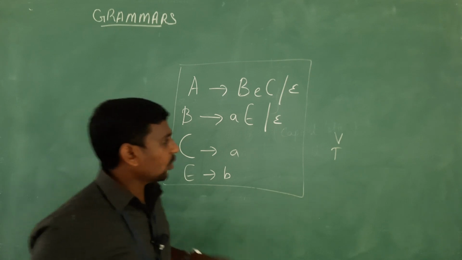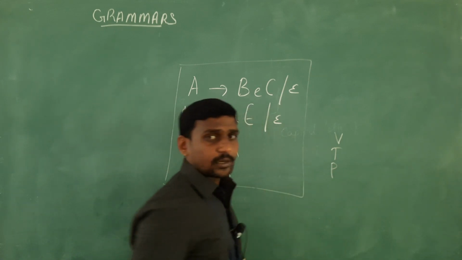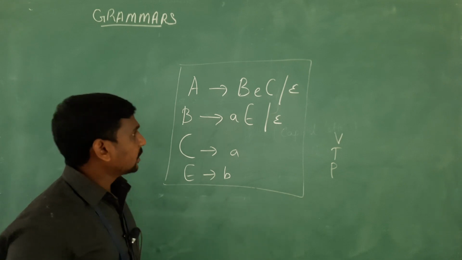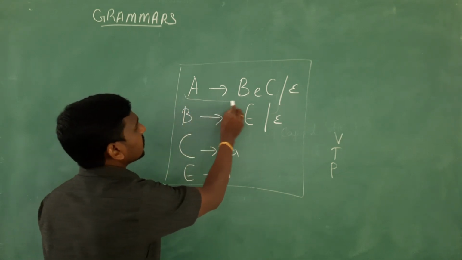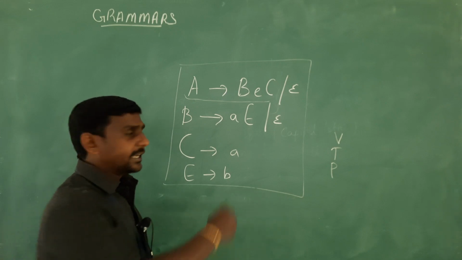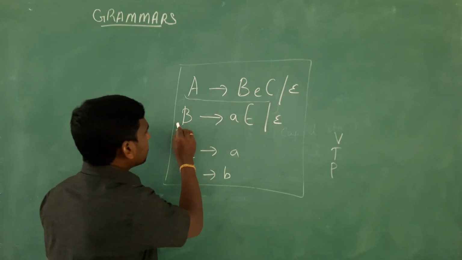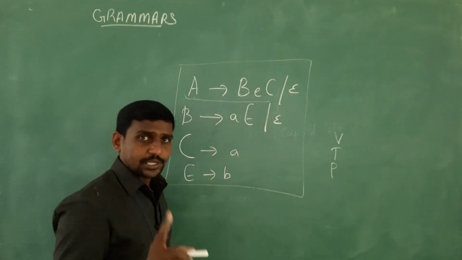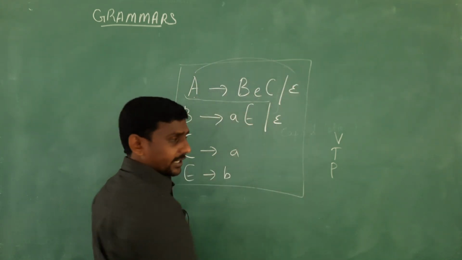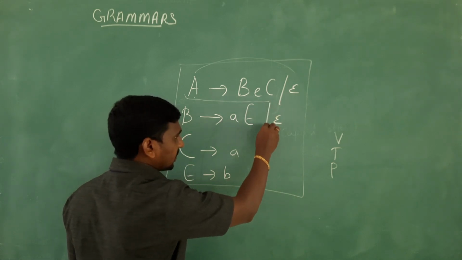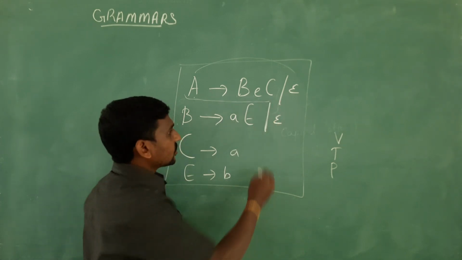And what is P? P means production. Whether this grammar has production: yes. I told you a variable gives one production, which may be terminals or variables or a combination of them. A tends to BEC is one production, and A tends to E is one production. And you have to understand whether this slash is a terminal. No, this is not a terminal.